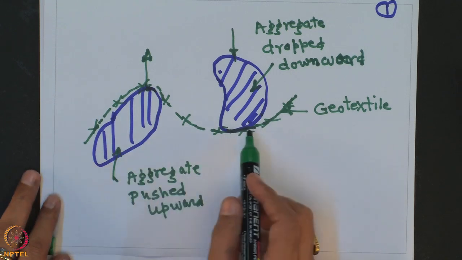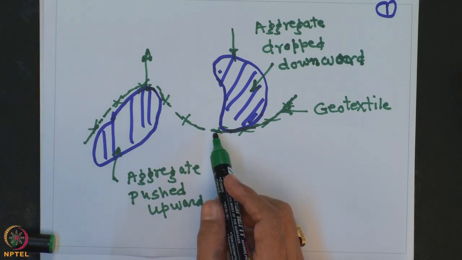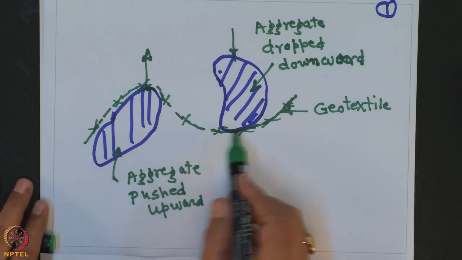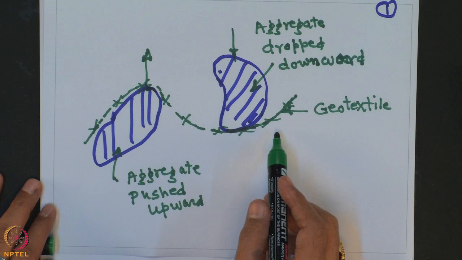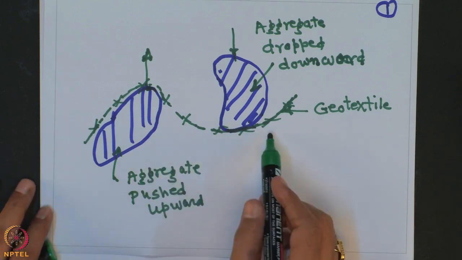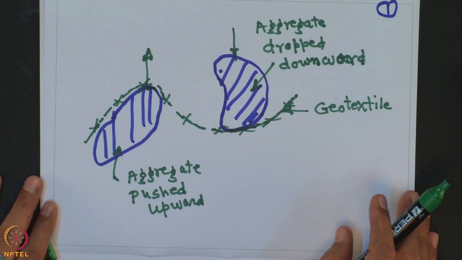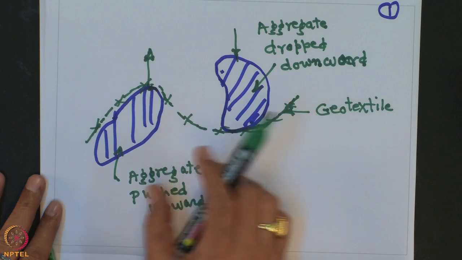Now, these two situations can be simulated in the laboratory. Suppose this is the field situation, and this can be simulated with a laboratory test. One may be the static test, another may be the dynamic test.